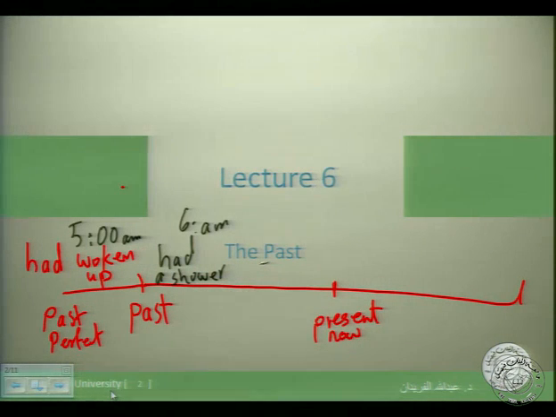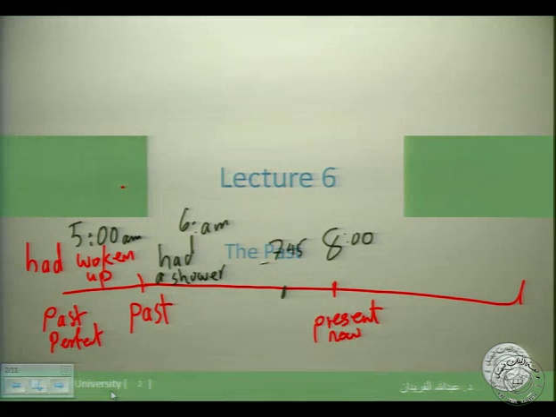And now let's say the time is 8 in the morning, and you cleaned your room at, let's say, 7:45. So you would say, I have just finished cleaning my room, or I just cleaned my room. So this is the present perfect.